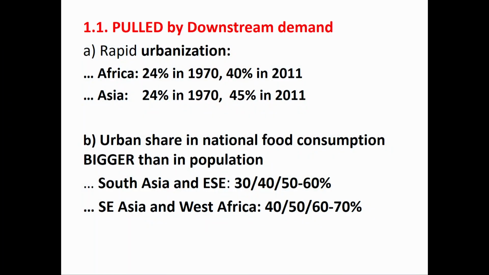And I think one of the most disruptive facts of all standing in front of us is the fact that, for example, in this room 20, 30 years ago, the subject of the urban economy as a driver would have been marginal or absurd. If you look only a couple decades ago, Africa and Asia had 24% of their population in cities.